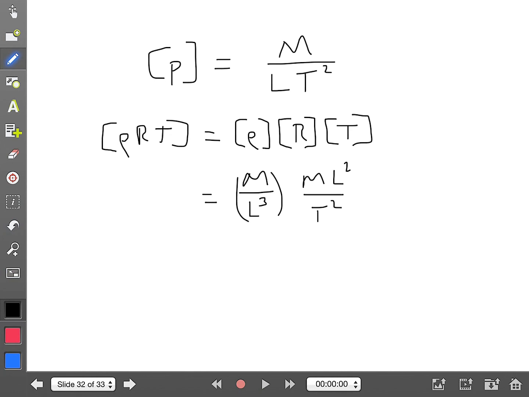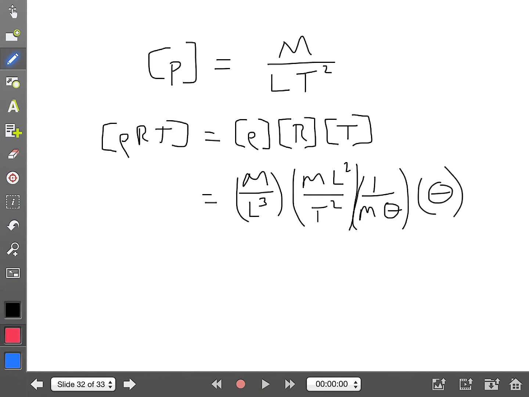And that was divided, if you remember, by kilograms and Kelvin, which is given the symbol theta. So this is basically your joule. This is basically your kilogram over Kelvin, and then temperature. The third, this guy right here, is going to be temperature as well.